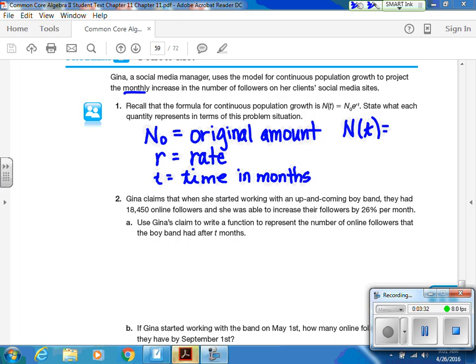N of T is your amount after T months. That's what all that stands for. I'm glad Gina's not here. She'd probably be ashamed.